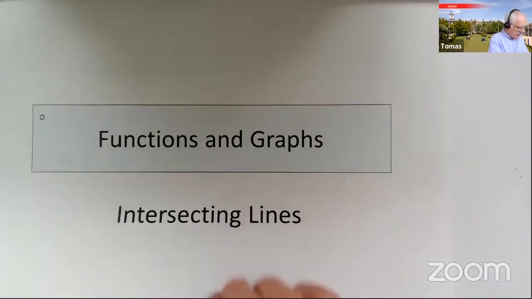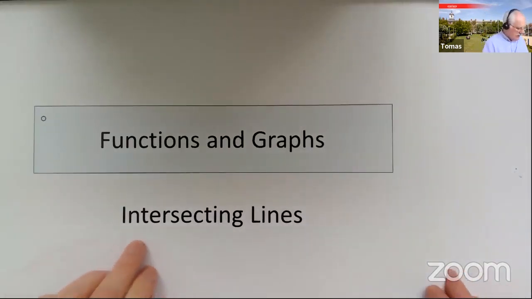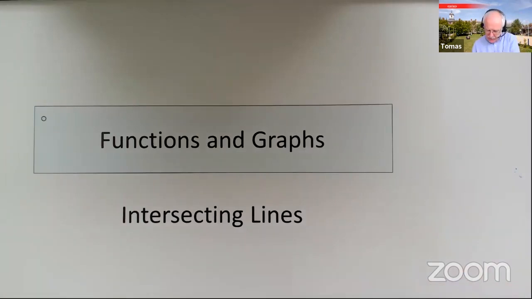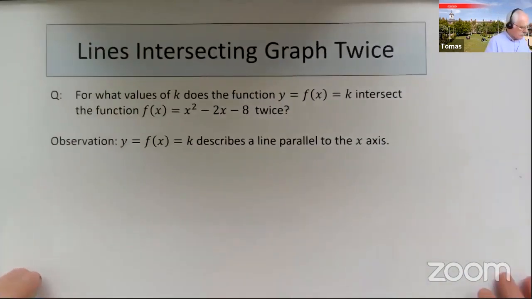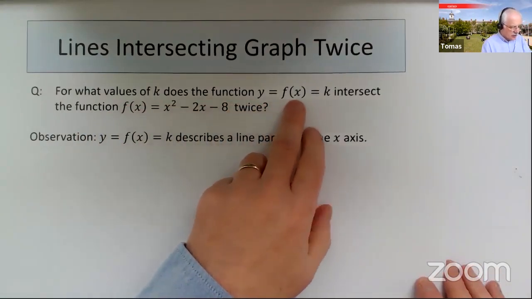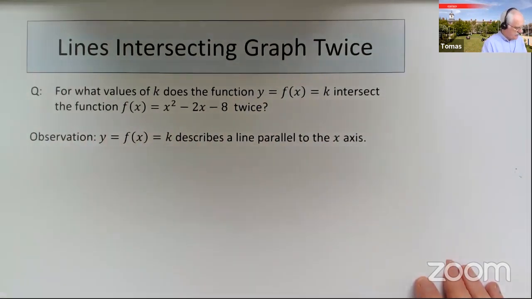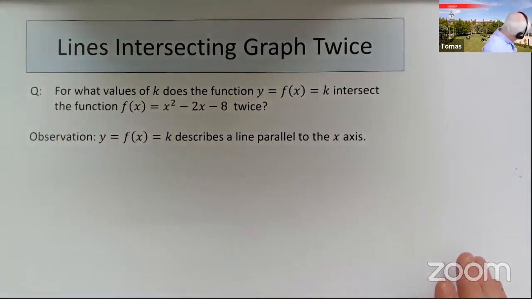And we then start saying, okay, how do we look at functions and graphs now when we're intersecting with lines? So for what values of k does the function y equals k intersect the function twice? Now, this is a bit trickier.